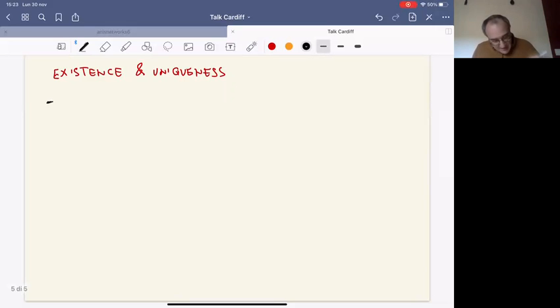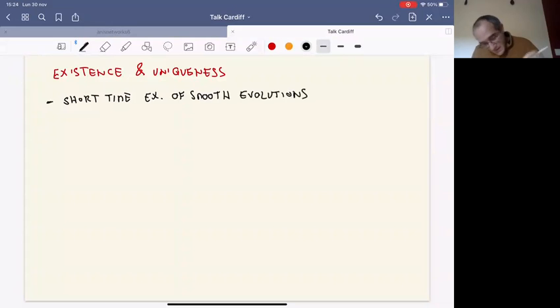The first result is short time existence of smooth evolutions. And this is done only for the kernel k equal 1 over |x|^{n+s}, the fractional kernel.